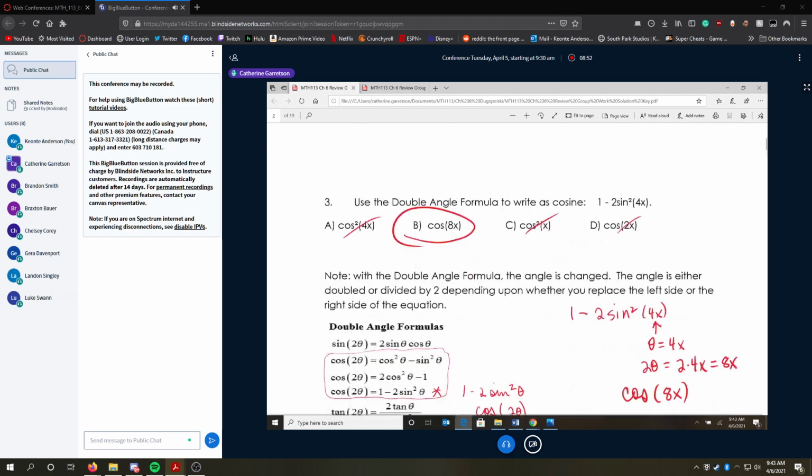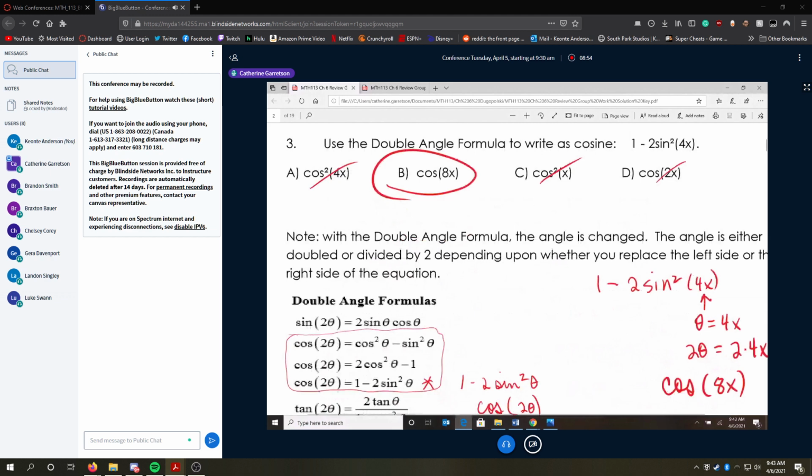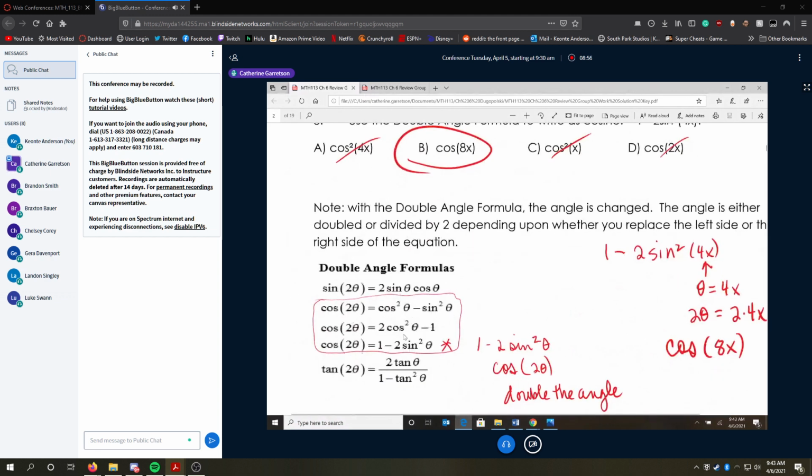So when I go look at the double angle, these are all your double angles. The cosine of twice the angle can replace 1 minus 2 sine squared of an angle. So I can replace this with a cosine, not a cosine squared, but a cosine, but I have to double the angle.